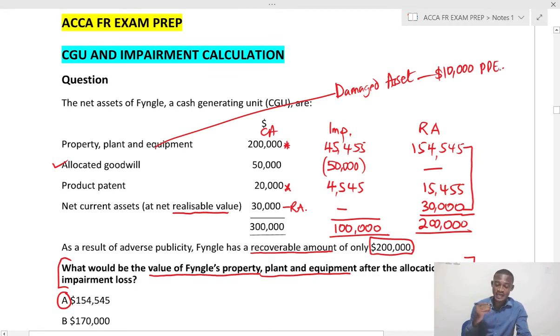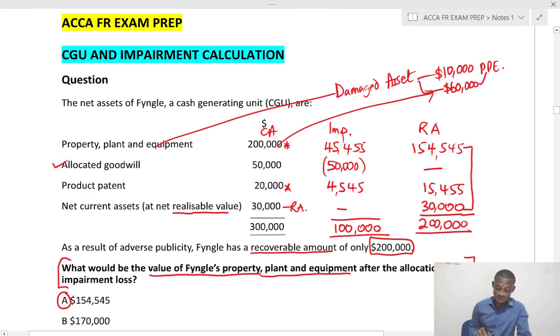Because this asset is damaged and it has no recoverable amount, there is an obvious impairment on it. So before we allocate the impairment to goodwill, we have to first take the 10 out of the PP. Alternatively, if the damaged asset balance were 60,000, we take 60,000 out of the 100.